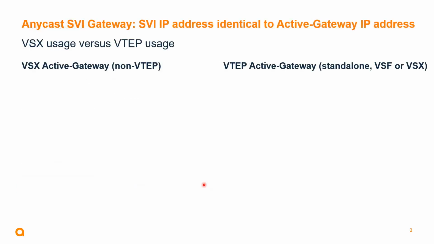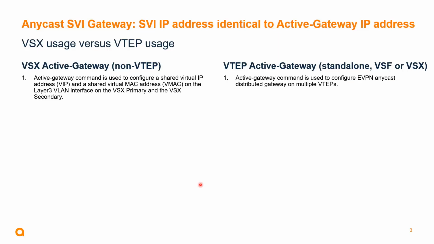So let's compare that usage of the identical SVI IP address as the Active Gateway IP address. On the left, the VSX non-VTEP use case with the Active Gateway command, and we'll see the config. And on the right side, the VTEP Active Gateway, which can be a standalone switch, a VSF stack, or a VSX cluster.